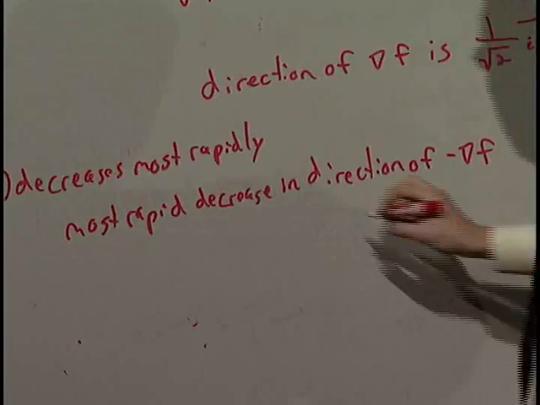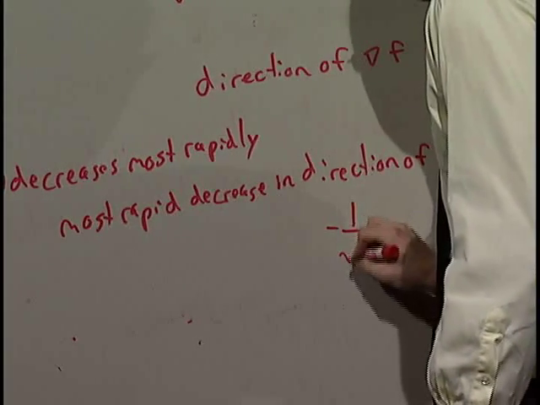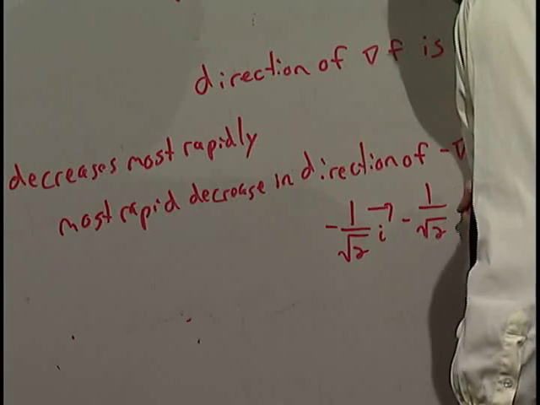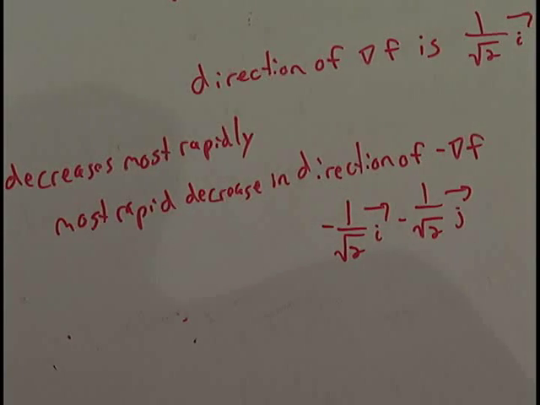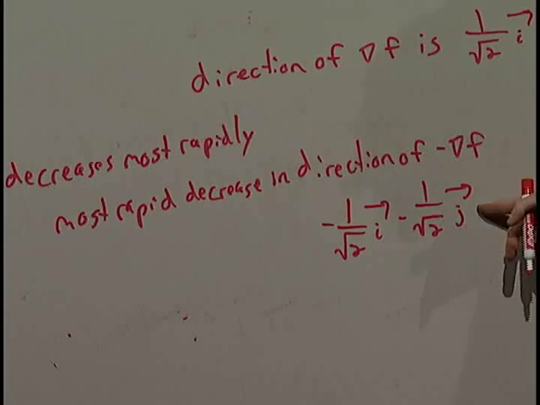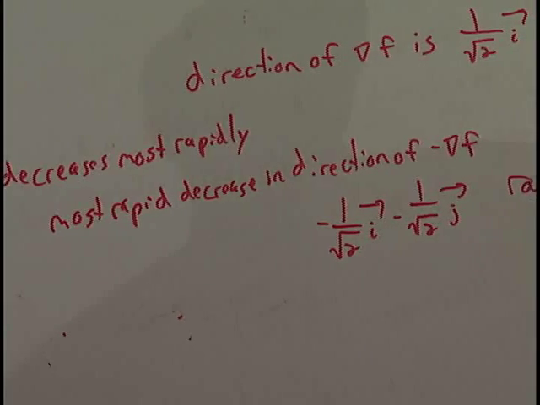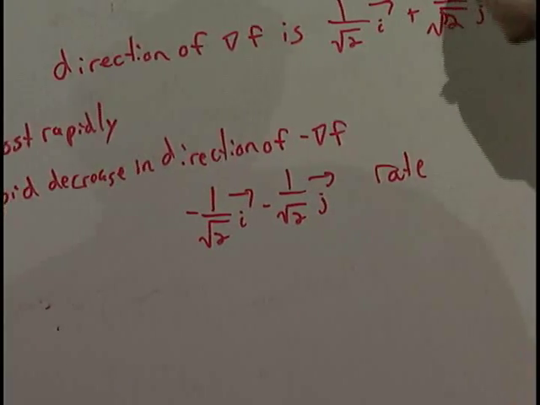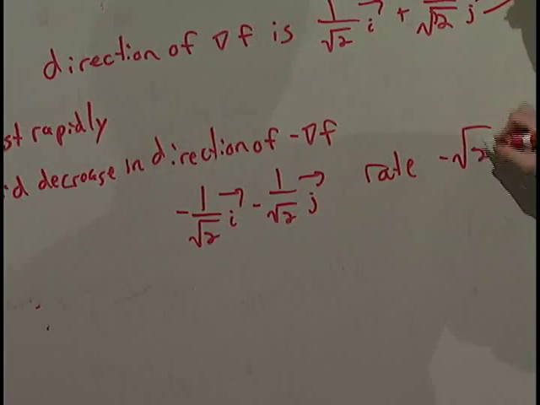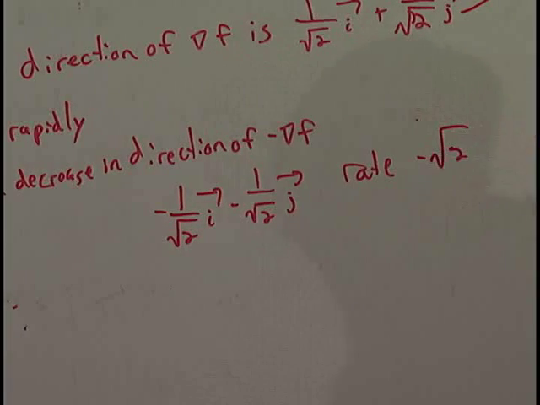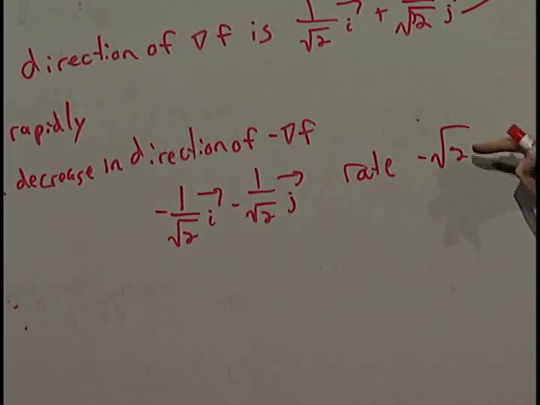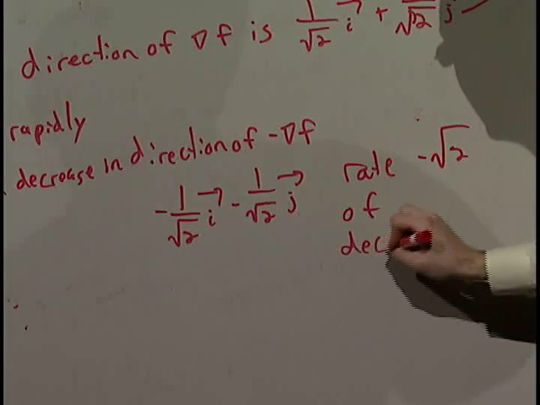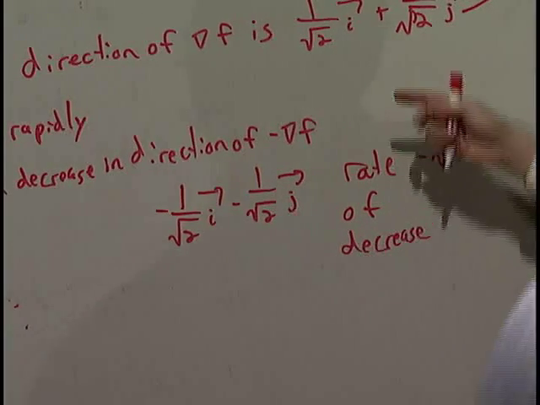Well, that would be negative 1 over root 2 i minus 1 over root 2 j. That's the direction of negative grad f. And the rate there would be negative root 2, because it's just the negative of the length of grad f. So that's the rate of decrease.